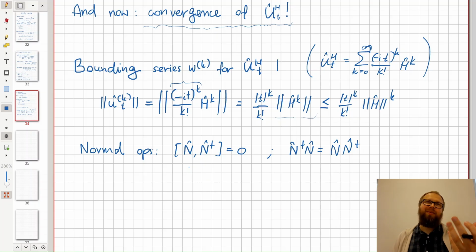Hermitian operators obviously are normal, because a Hermitian operator is equal to its conjugate. Unitary operators are also normal, right? This is a whole class of normal operators.